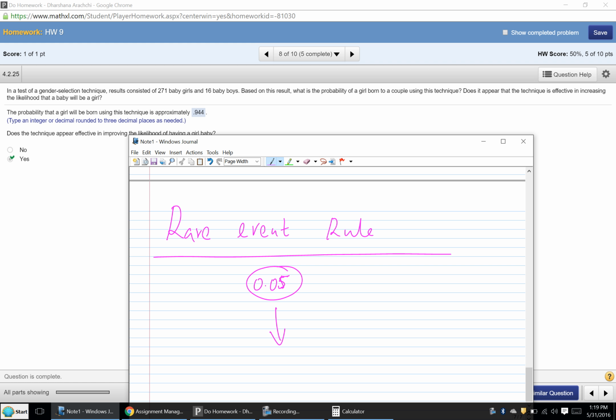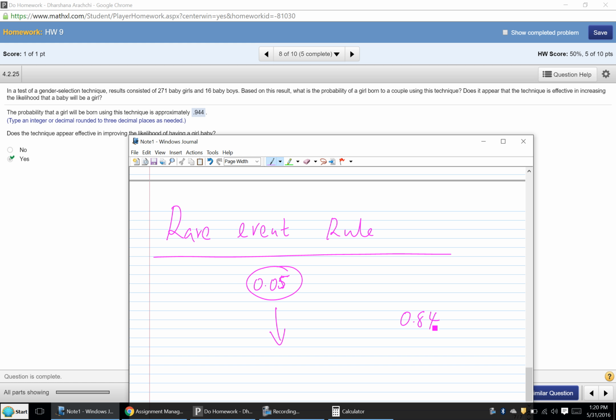Now let's see, say using this gender selection technique, somebody found out that the probability of having a baby girl is 0.84.